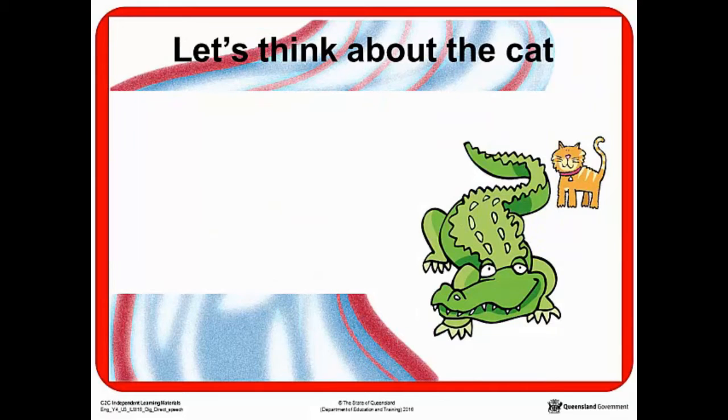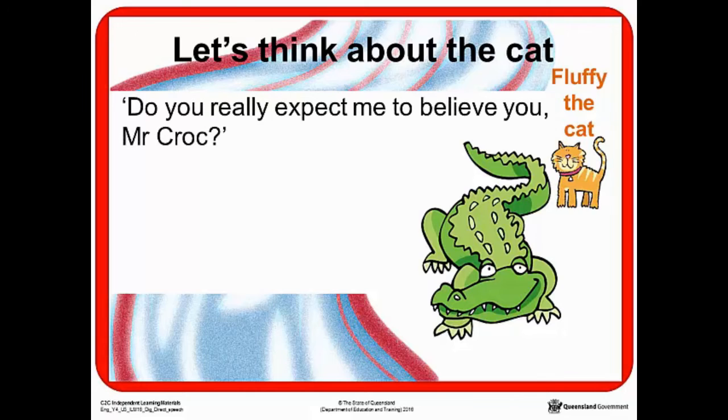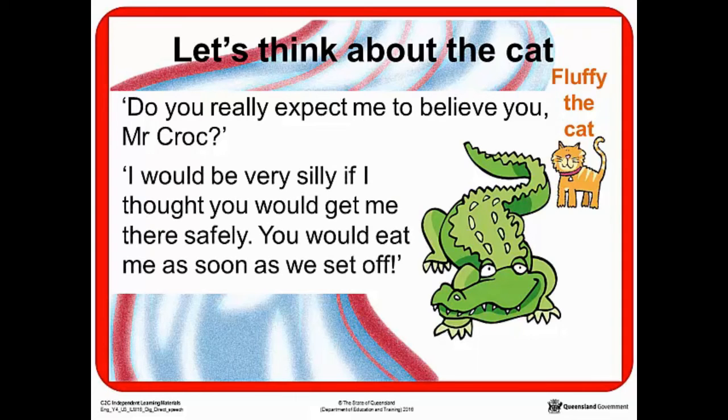Let's look at the cat now. We're going to call her Fluffy the cat. And Fluffy the cat asks, "Do you really expect me to believe you, Mr. Croc?" And then she goes on to say, "I would be very silly if I thought you would get me there safely.